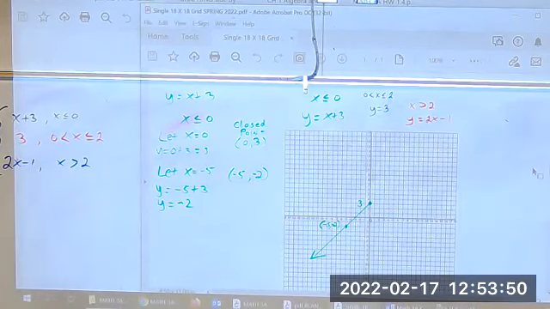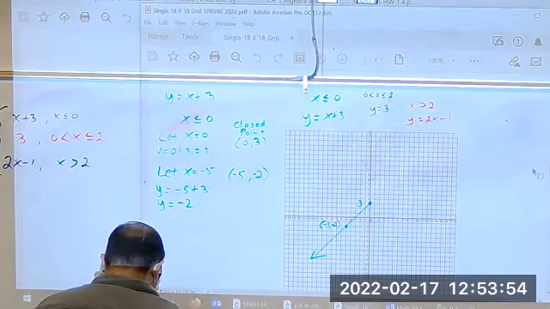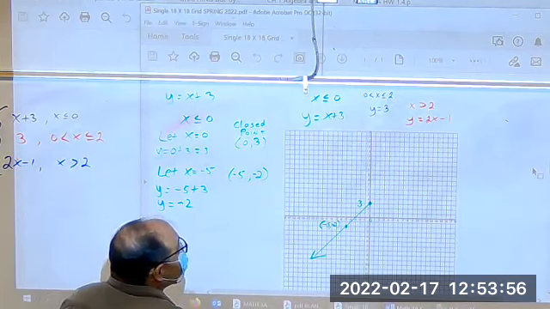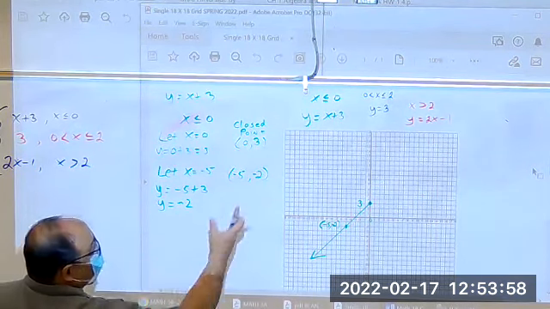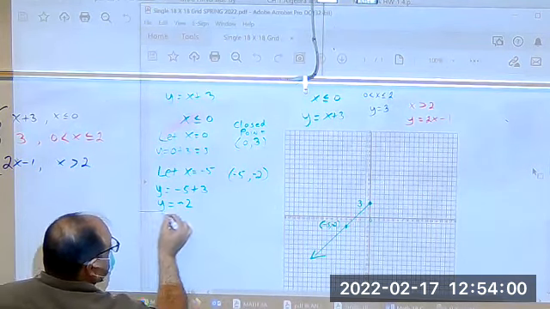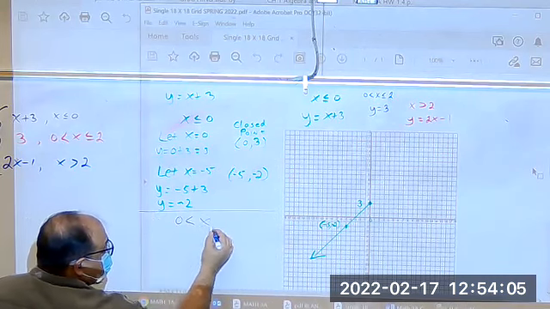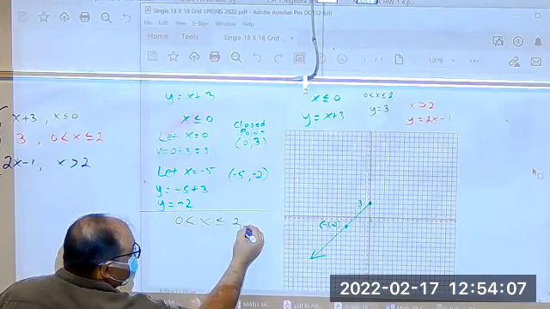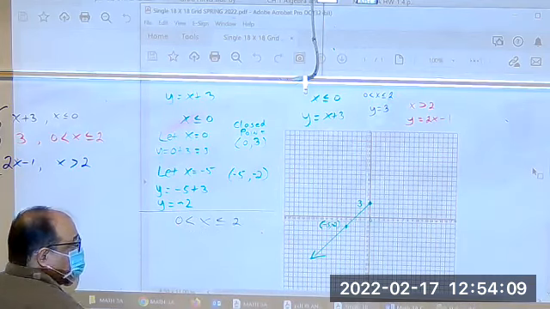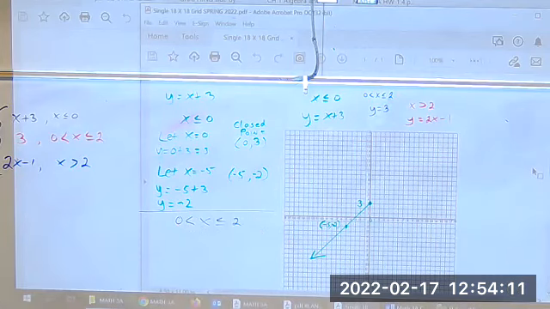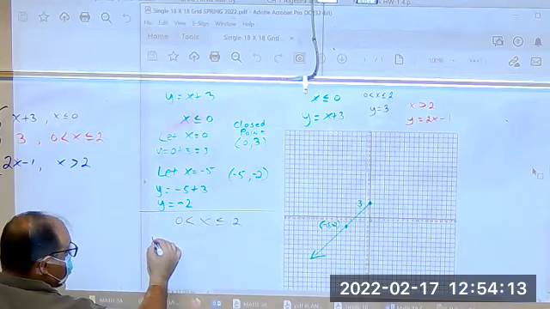The house in the middle. Okay, and because I don't have room in the middle to do the work, if 0 is less than x, which is less than or equal to 2, then y is always 3.